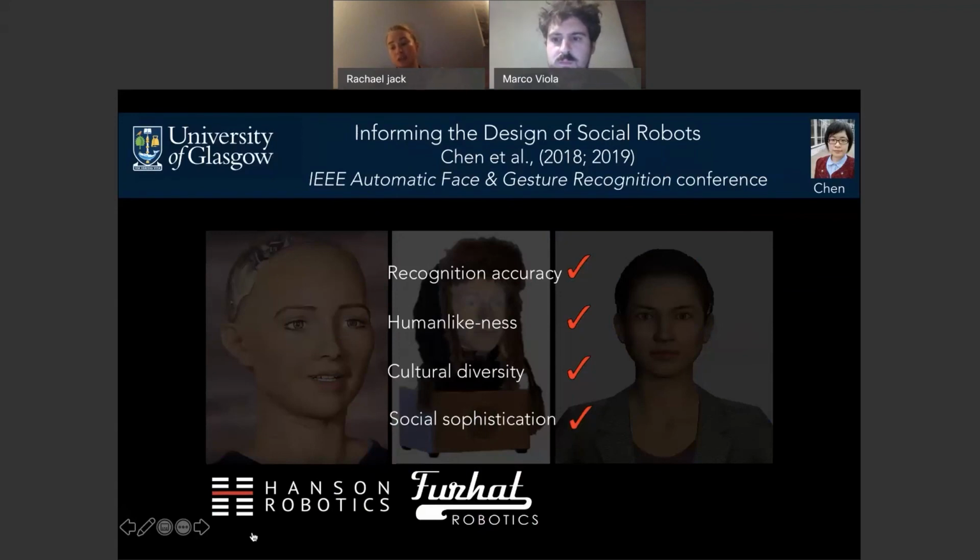And so this potentially can increase their global marketability. In providing nuanced dynamic facial expression models, we can also increase perceptions of human likeness and realism. Of course, we have made them more culturally diverse, so they can generate Western facial expressions and East Asian facial expressions, and we've broadened their repertoire of social signaling capabilities, so not just the 6 classic emotions, but also conversational signals and so on.